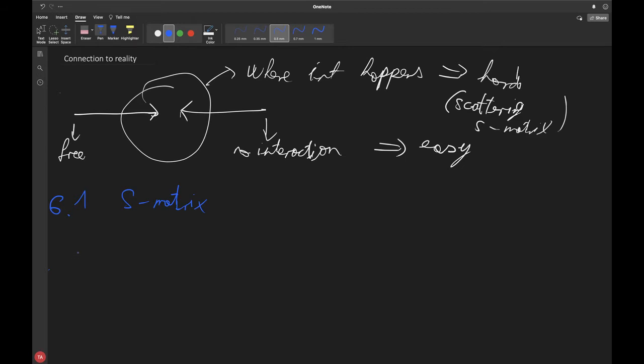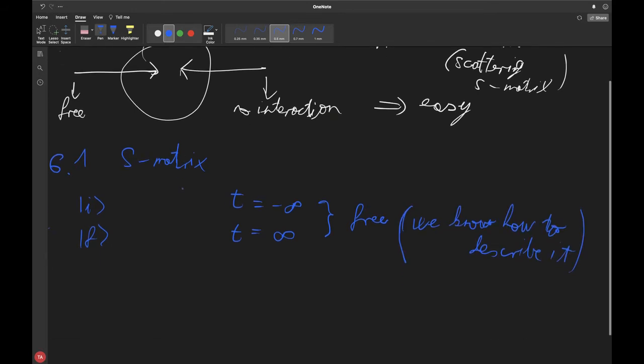I denote the initial state as I and the final state as F. In this situation, when we start the collision, we think about it as the limit where the time is minus infinity. And then also, when the time is at infinity, this is the situation when the particle is free. And we already know how to describe it.